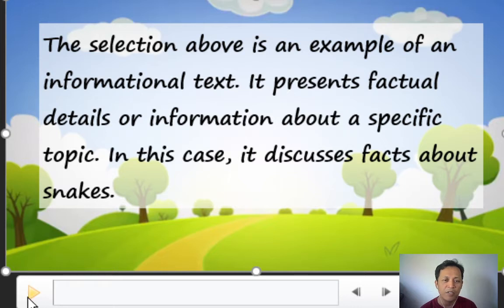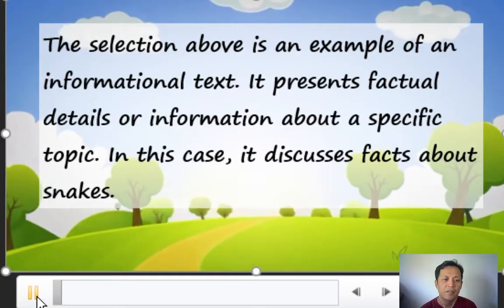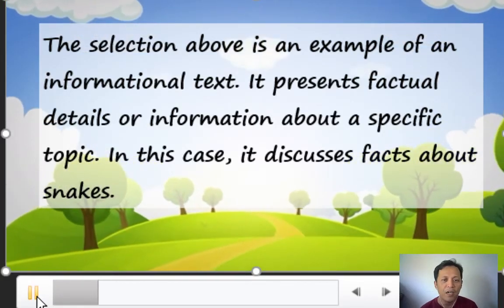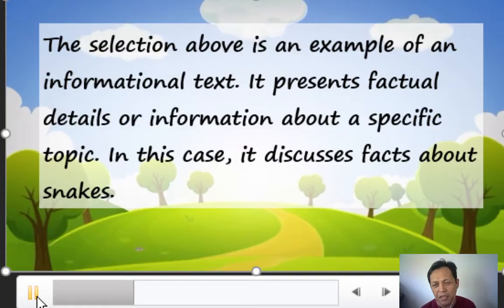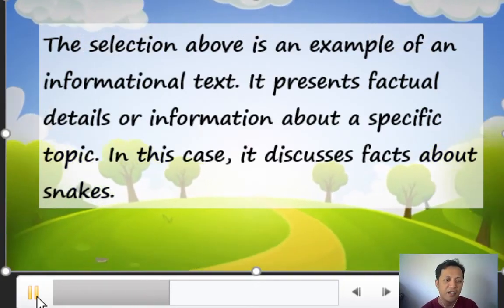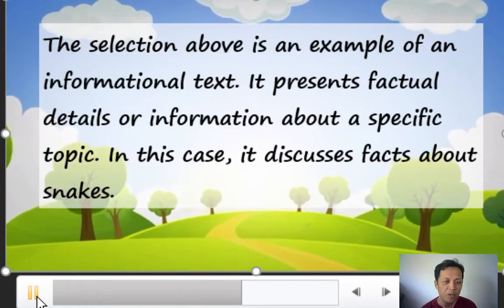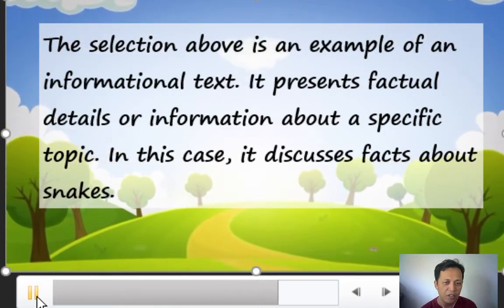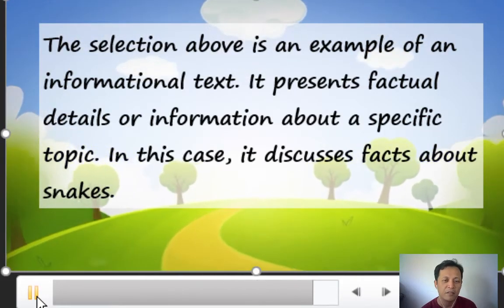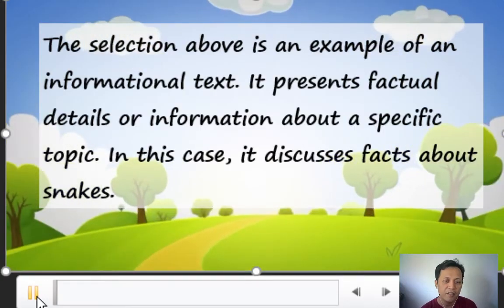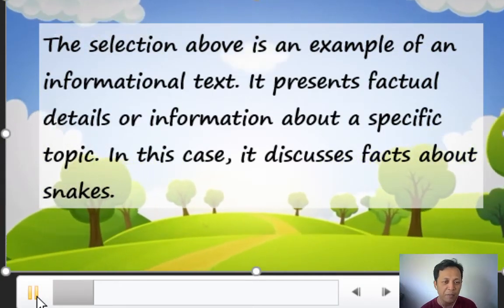As mentioned earlier, informational text presents factual details or information on a specific topic. In this case, it discusses facts about the snakes.